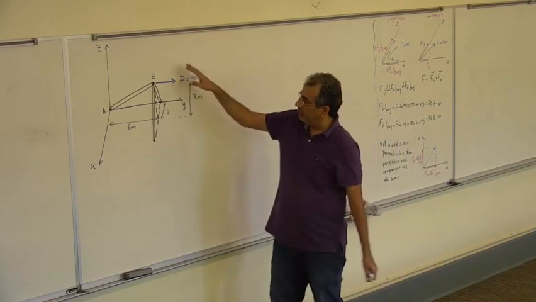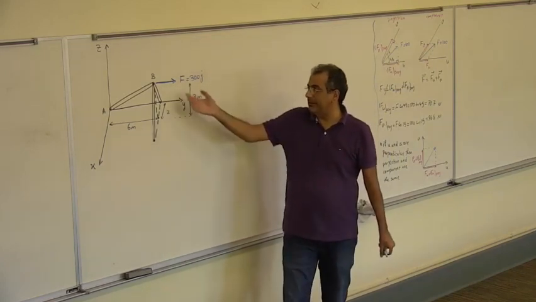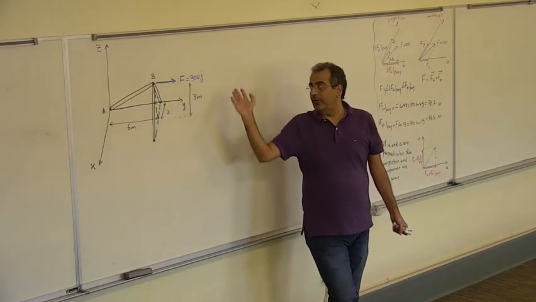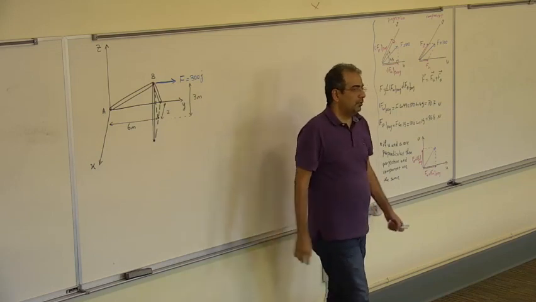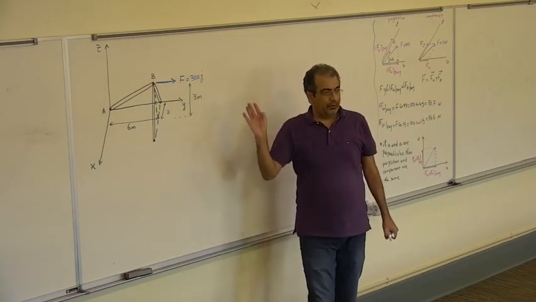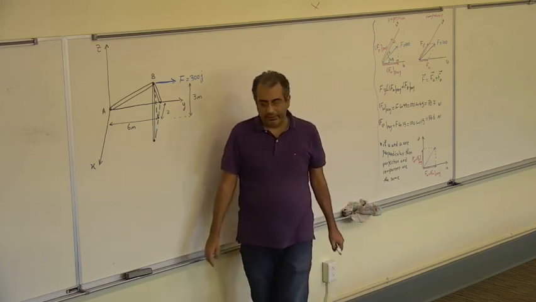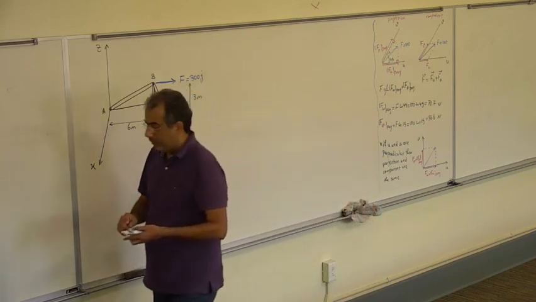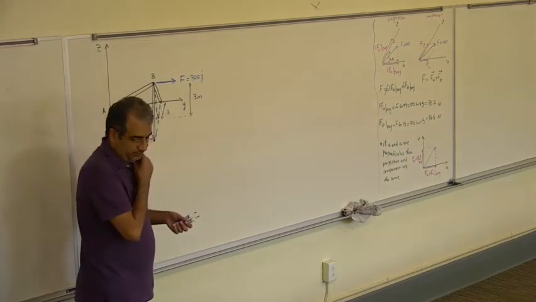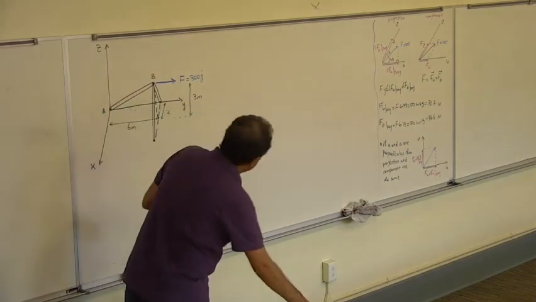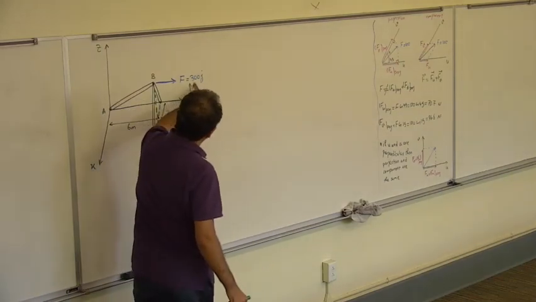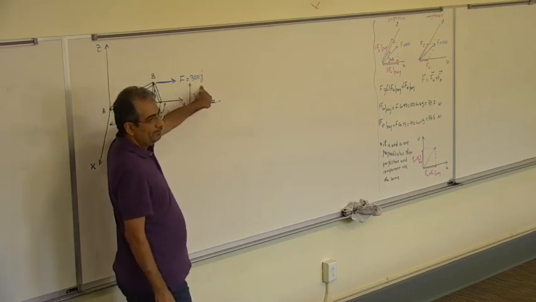But it is not. So we have to find its projection along the AB. To find the projection along the AB, we have to use the dot product. First of all, you see the force is 300 j. What does it mean?